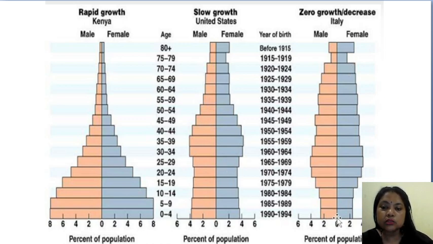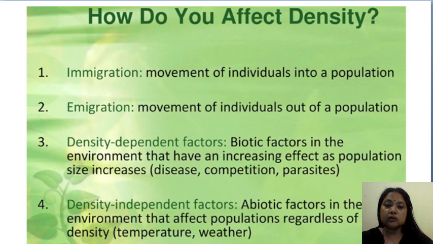And here you see in the middle, the bar diagrams are broader than the base and top. That means it is zero growth or the growth rate is decreasing. Okay. So next let us discuss how the density of a particular area differs.